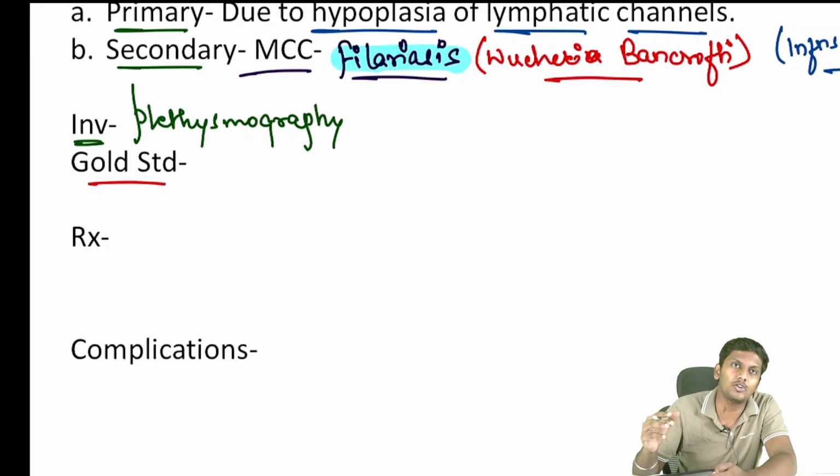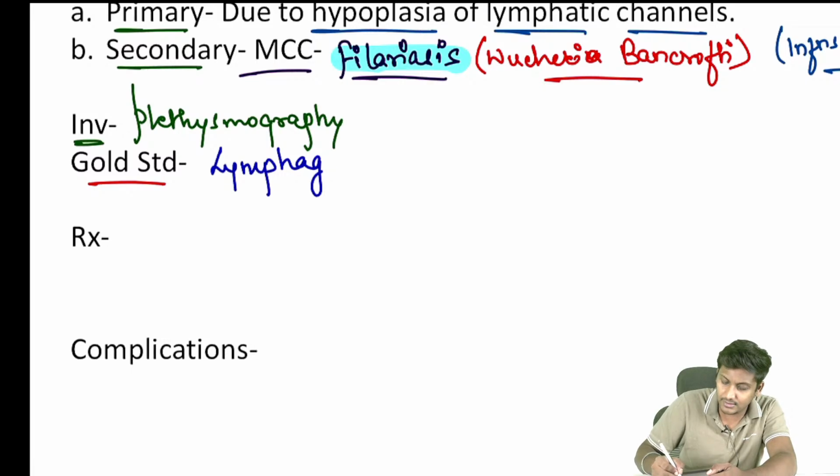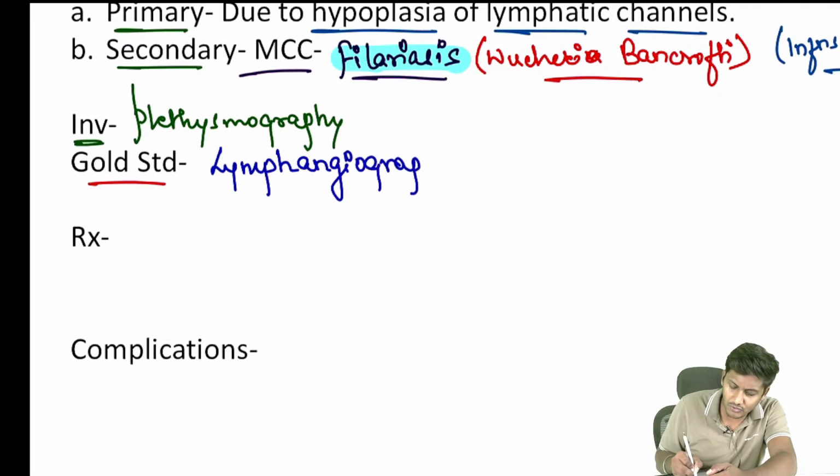Just like Doppler tells about the flow of the blood, plethysmography is going to tell me about the flow of the lymph usually. The gold standard investigation will be lymphangiography. What better than actually seeing the lymph vessels itself? Just as we were seeing the blood vessels with angiography, we are going to see the lymph vessels with lymphangiography.